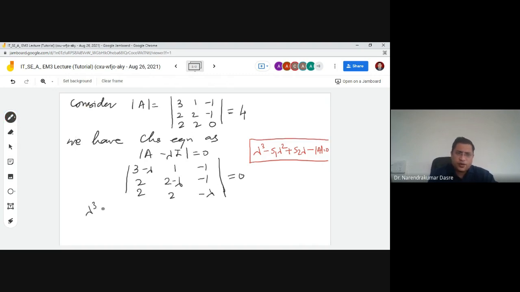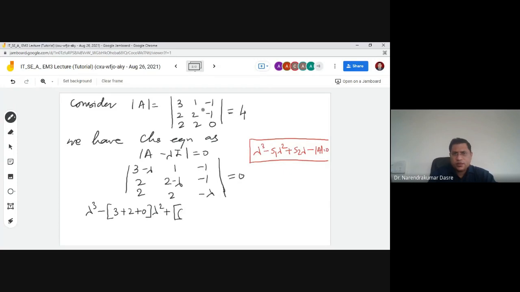What you are having here, lambda cube minus, sum of the diagonal elements. So it is 3 plus 2 plus 0 lambda square. Then you will be having plus sum of the minors. So for this 3, what will be the value of the minor?